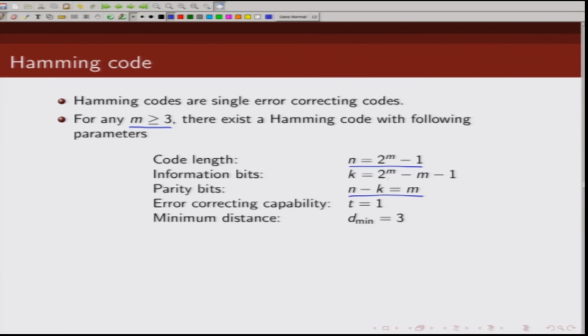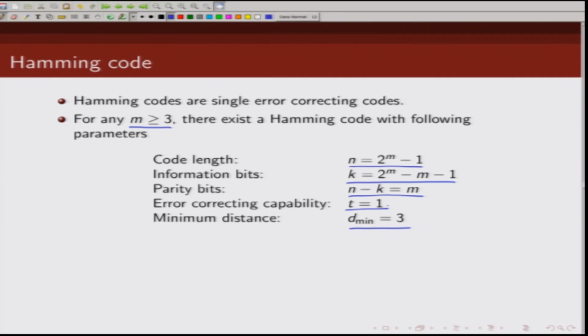So, the number of information bits is n minus k, that is, 2 to the power m minus 1 minus m. It has minimum distance of 3. So, it can correct a single error and it can detect 2 errors.